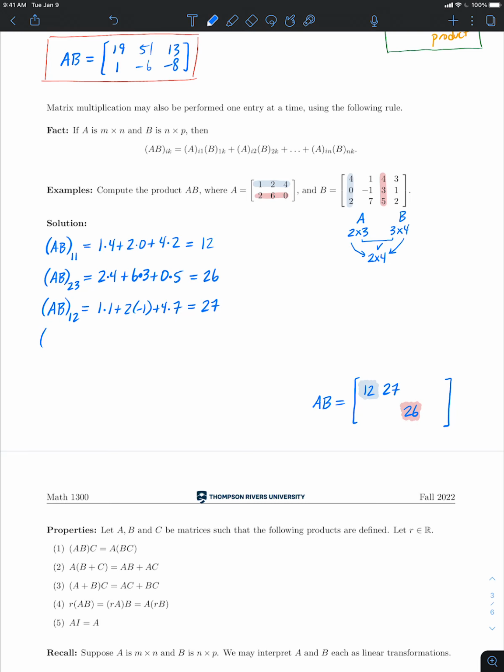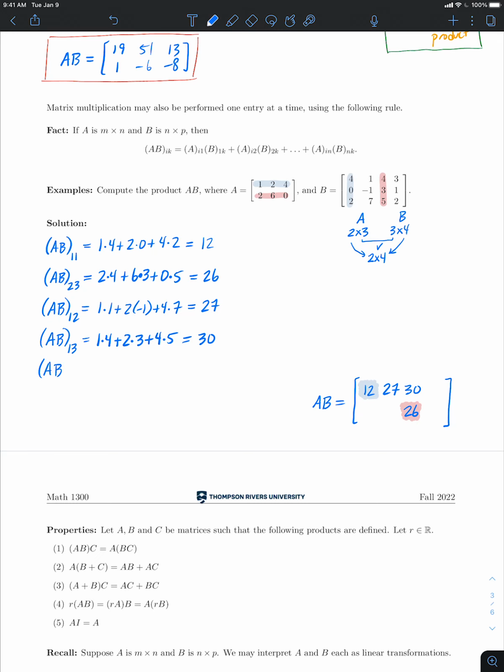And then for the next entry in that row, we'll have AB 1, 3. So that'll be the first row of A and the third column of B. So we'll have 1 times 4 plus 2 times 3 plus 4 times 5. Okay, so we've got 4 plus 6 plus 20. So that's going to give us 30. So we have a 30 there.